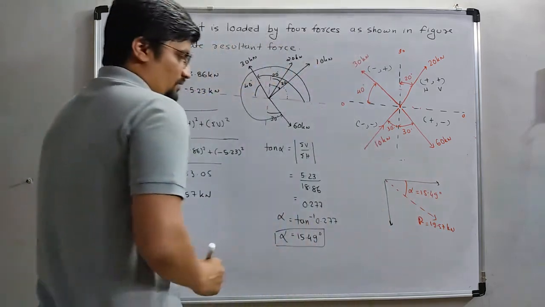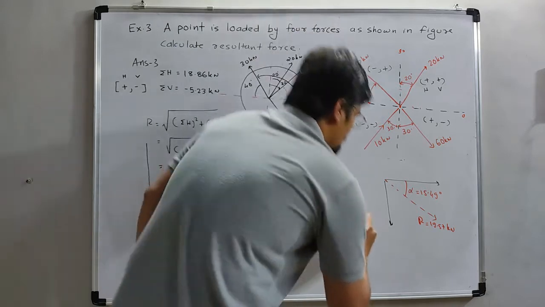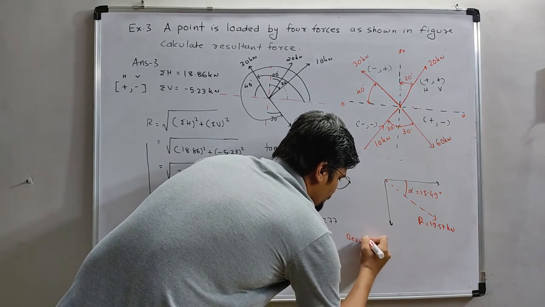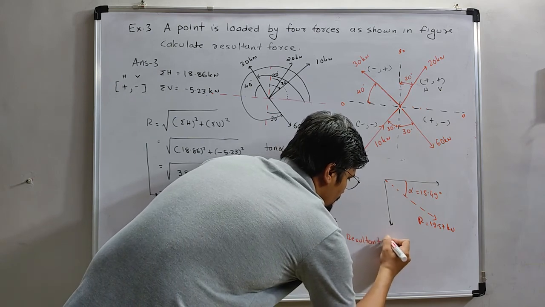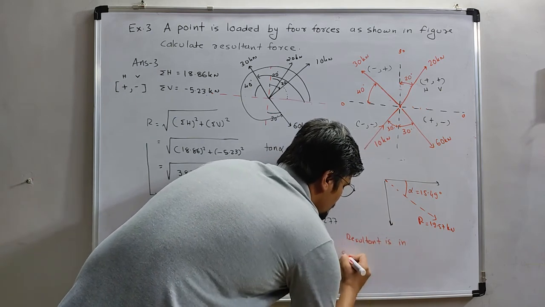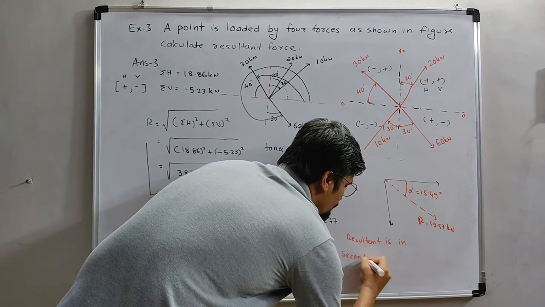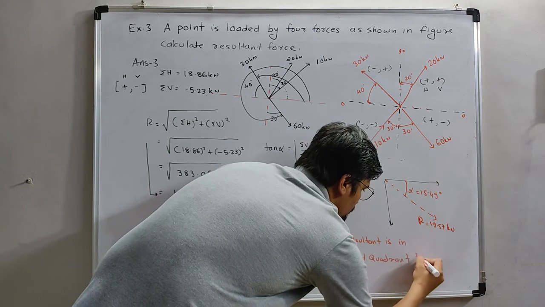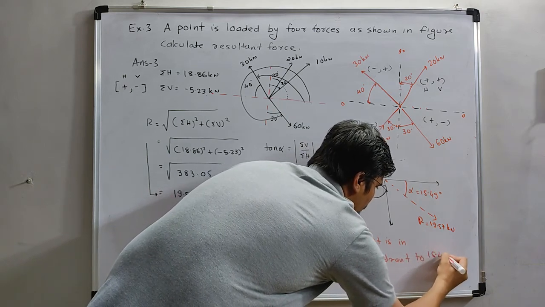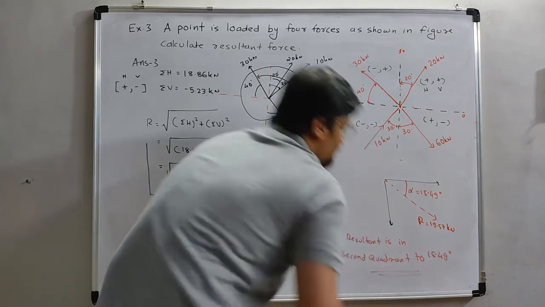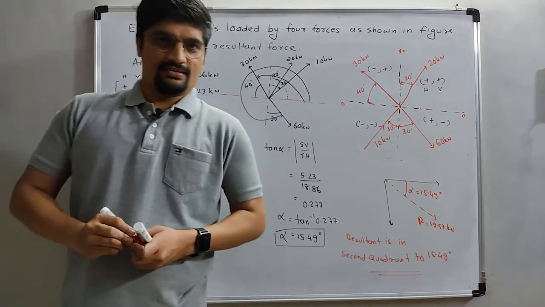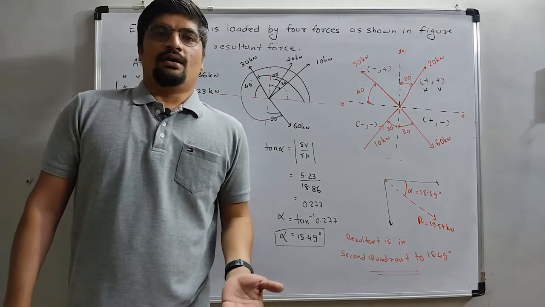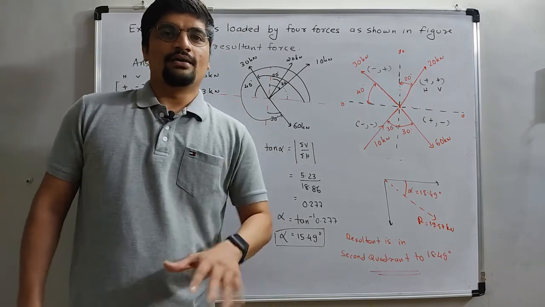Okay, we can write here that resultant is in second quadrant at 15.49 degree. This is our finish line. Okay, so like this we can solve the resultant force by using the law of resolution.